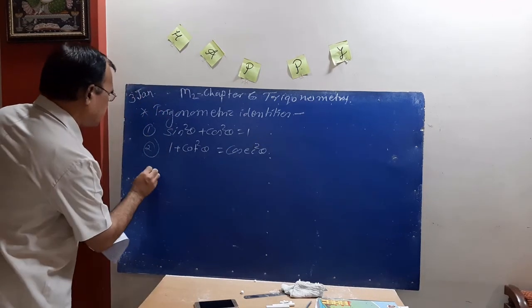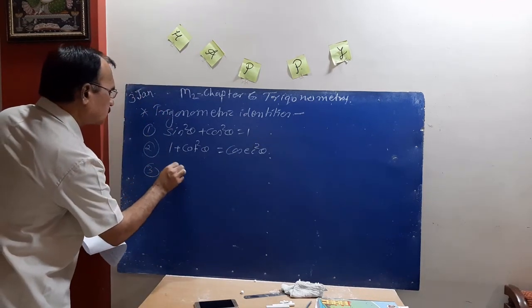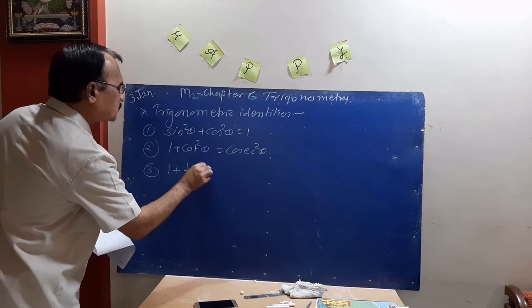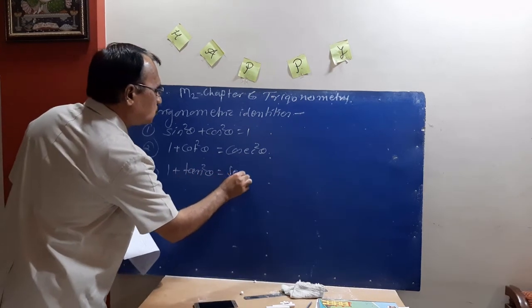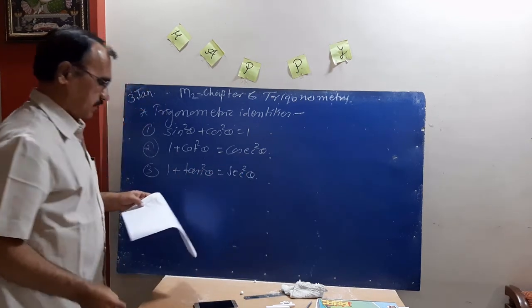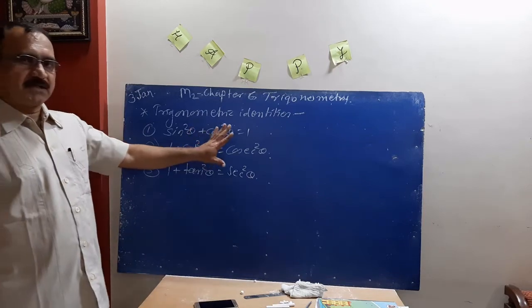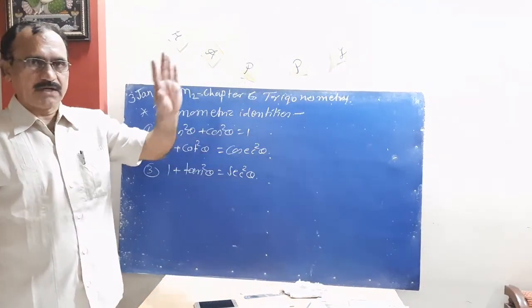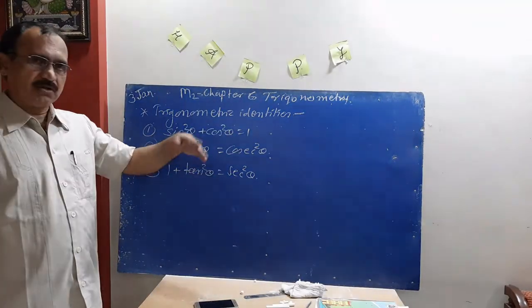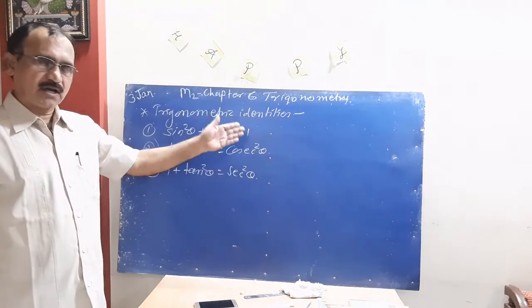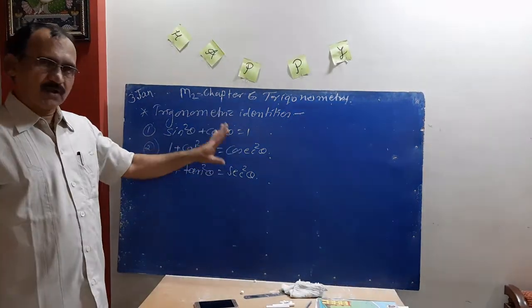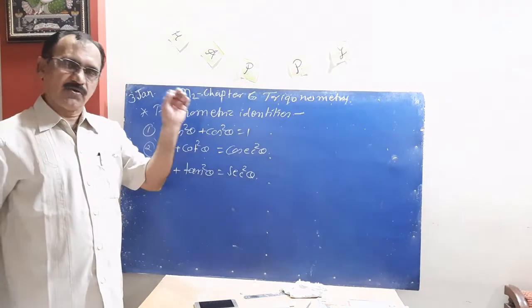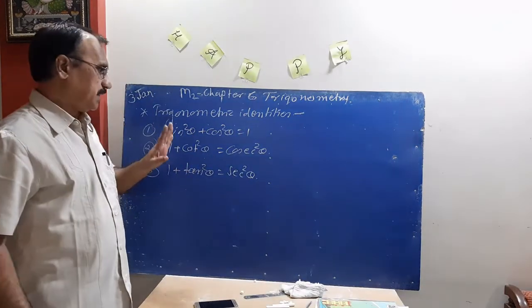And 1 plus tan square theta is equal to sec square theta. The proof of this trigonometric identity is given in your textbook. If you want the proof, you can see and try to understand yourself. If any problem, you can ask me anytime.